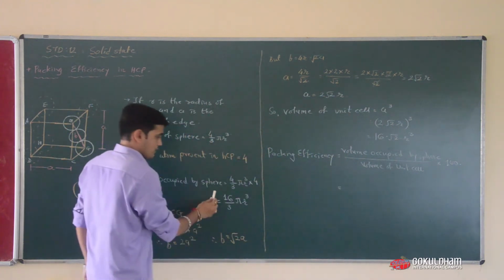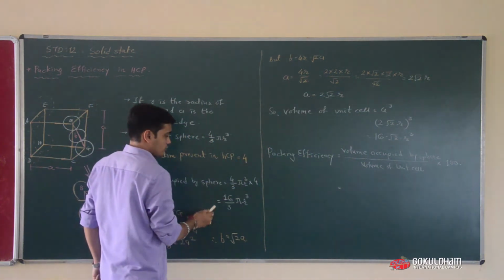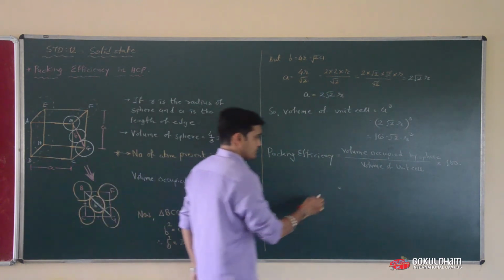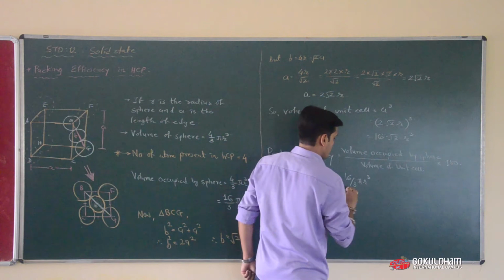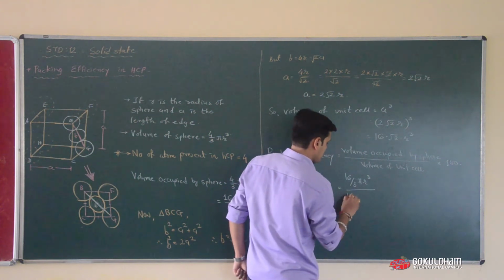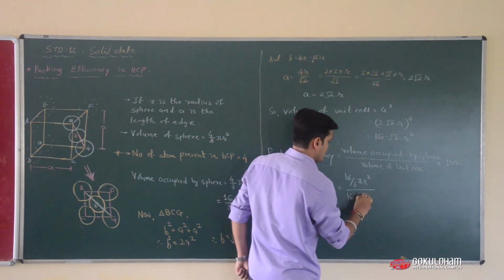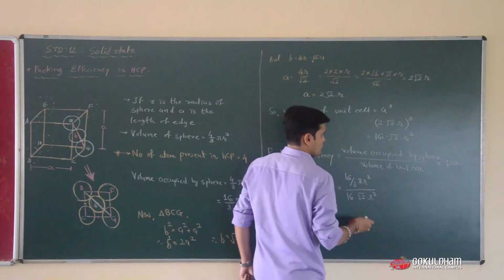So we have the volume occupied by spheres as 16 by 3 pi r cube upon 16 into under root 2 into r cube.